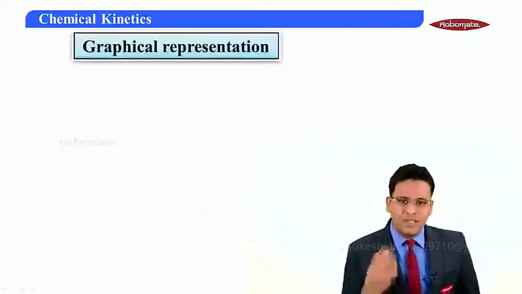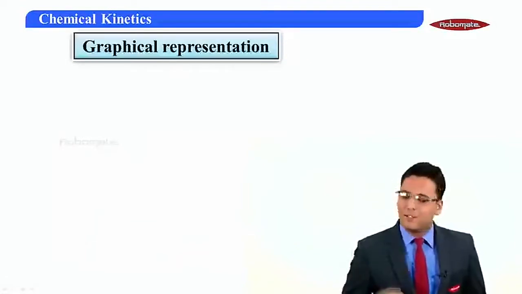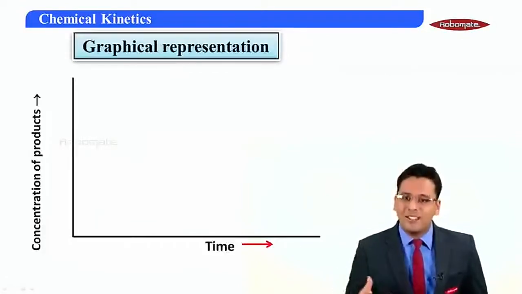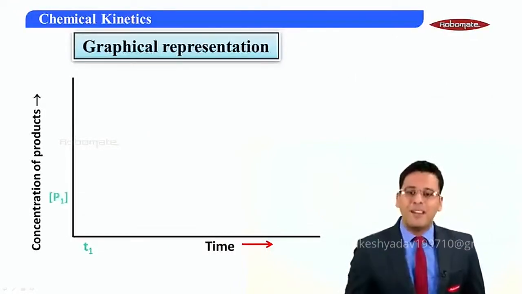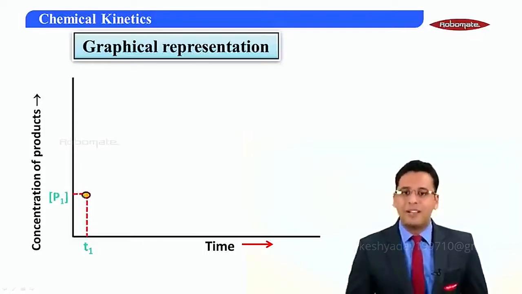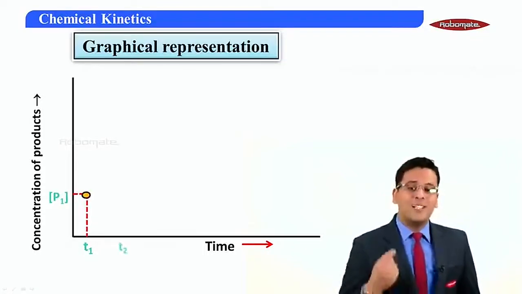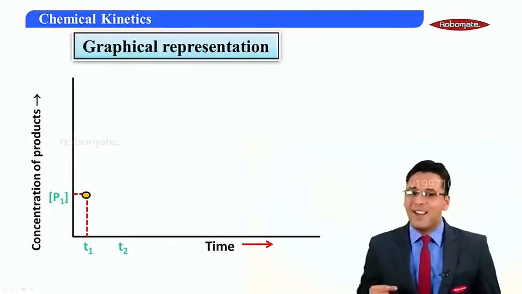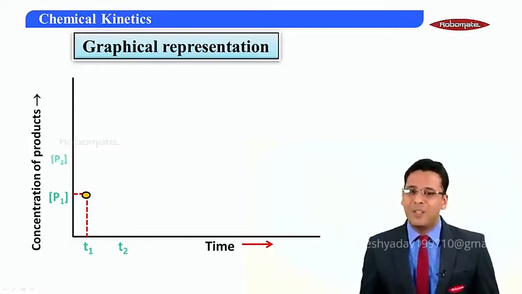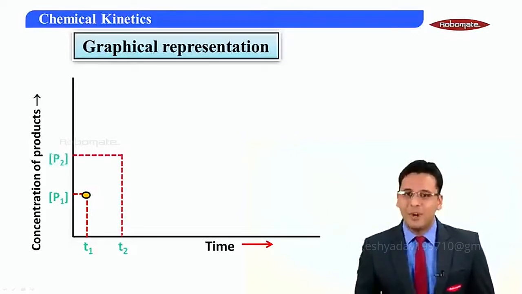If I do the same thing for products, so I plot concentration of products versus time. Now, at time T1, say the concentration is P1. That's our point right there on the graph. If the time progresses from T1 to T2, now my product concentration will increase from P1 to P2. So we have this point right here.